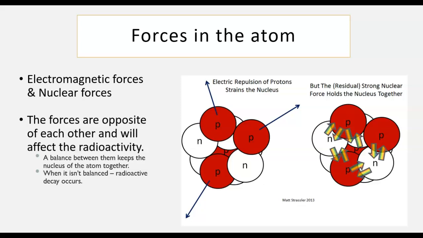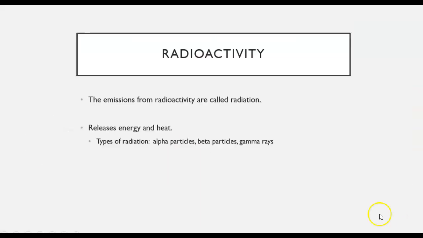Just like in that magnet with the positive charge, it's going to repel each other. Neutrons have no charge, so they kind of cushion and balance and separate those protons out. So there's nuclear forces and electromagnetic forces. And those are both opposite forces. You can see the arrow here is pointing away, and then the arrow on the nuclear forces is pulling them together. Whenever there isn't a balance established, then we have this decay, radioactive decay that we're talking about.